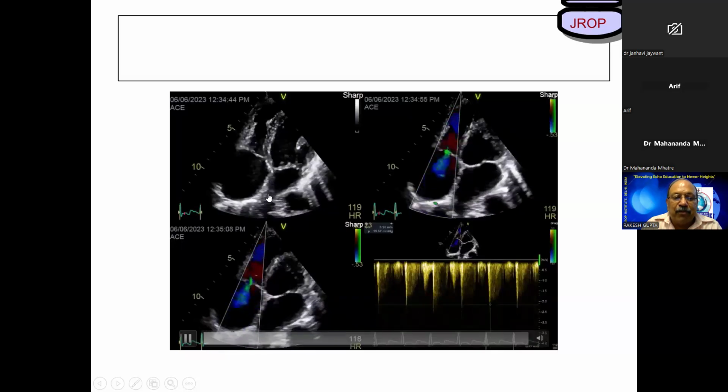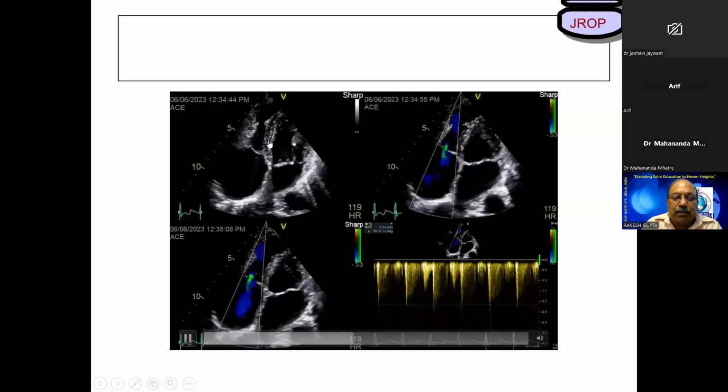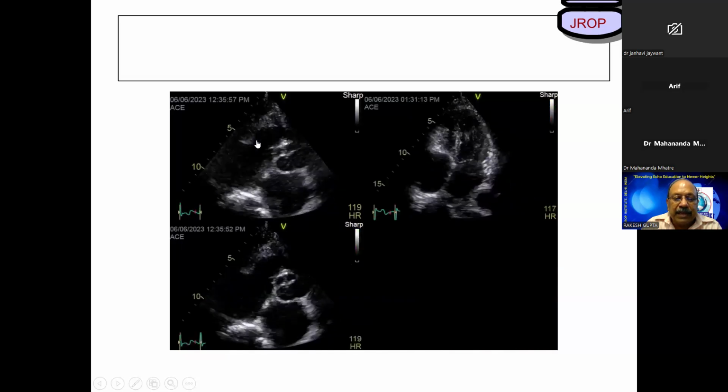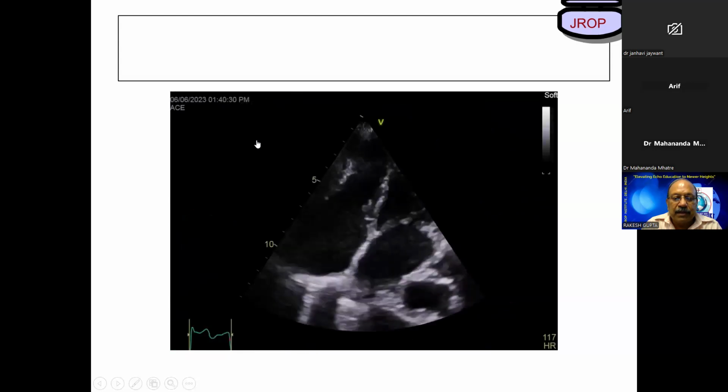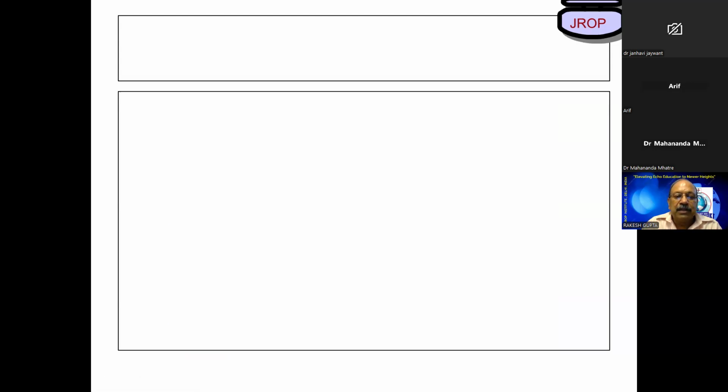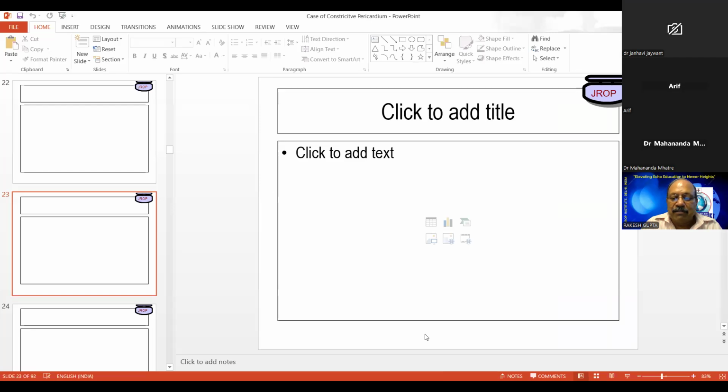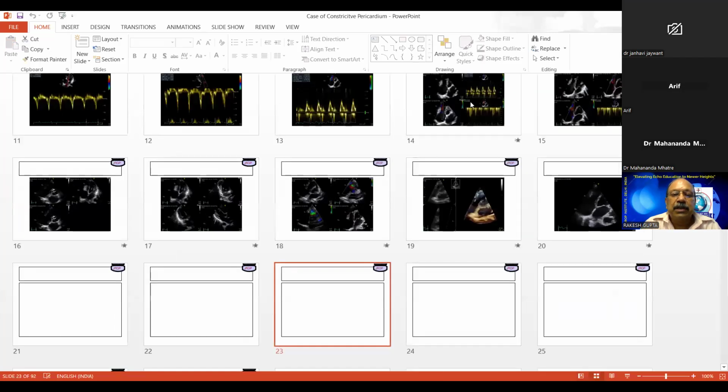And if you look carefully, this interventricular septum is bulging. And finally, what we get is, let me show you. No, it's not there. It shows a hepatic venous reversal flow. It did not show in this picture. Let me find out some other case.